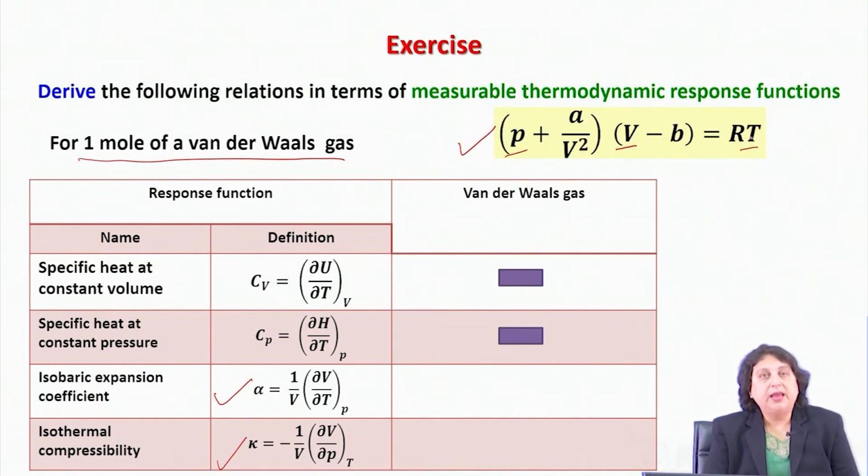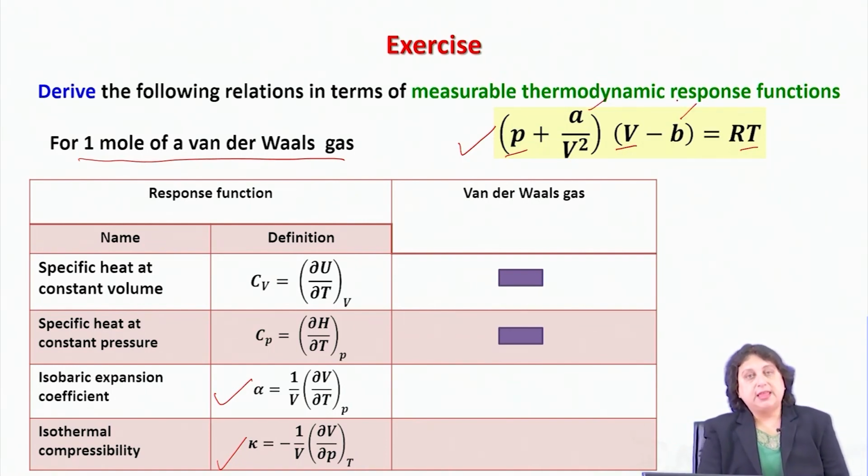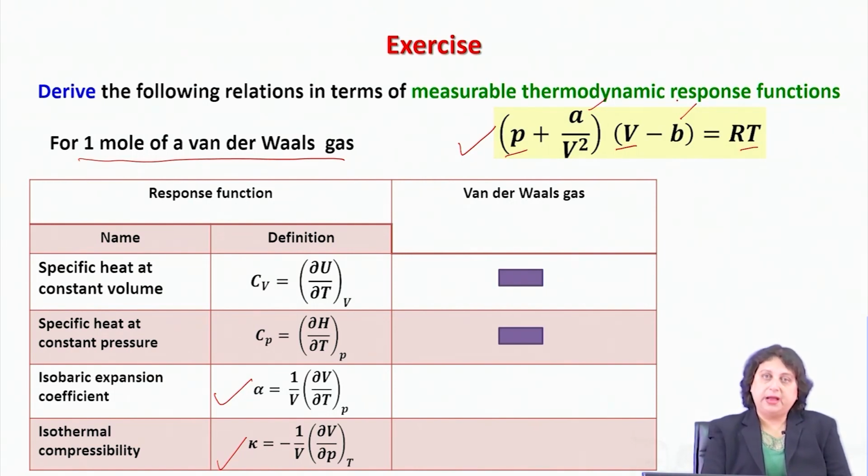Now here I have two characteristic constants, A and B. These are the two constants that can be determined in the laboratory by subjecting the real gas to changes in pressure, volume and temperature. So these are characteristic macroscopic constants.